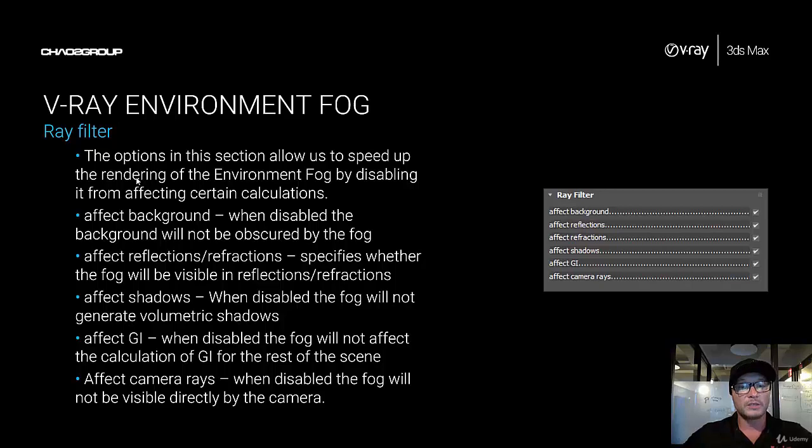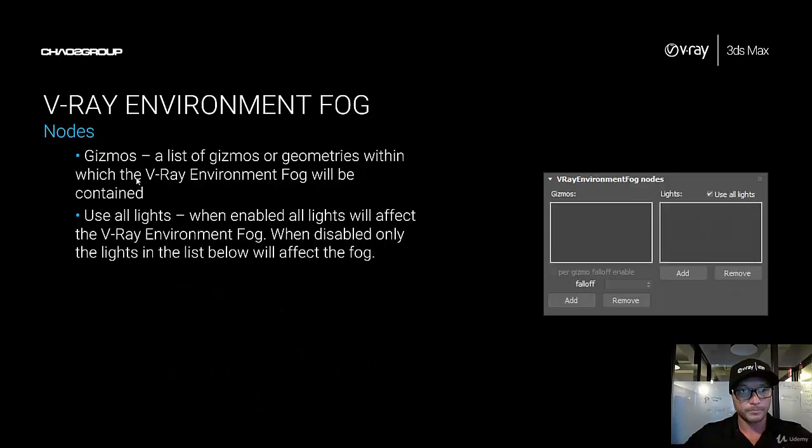Affect refractions specifies whether the fog will be visible in refractions or reflections. Affect shadows: when disabled, the fog will not generate volumetric shadows. Affect GI: when disabled, the fog will not affect the calculation of GI for the rest of the scene. Affect camera rays: when disabled, the fog will not be visible directly by the camera.